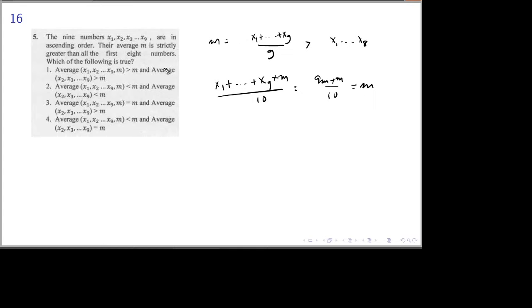So the average was m, and you add an average to that, so the average won't change, right? So average of these numbers x1 to x9 and m will be same as m. And so if you look at all the options, only this is right, so you don't have to worry about others. Only this is the right one. All right.